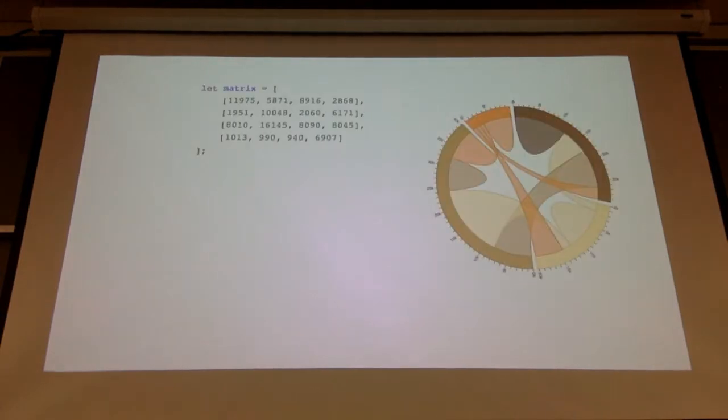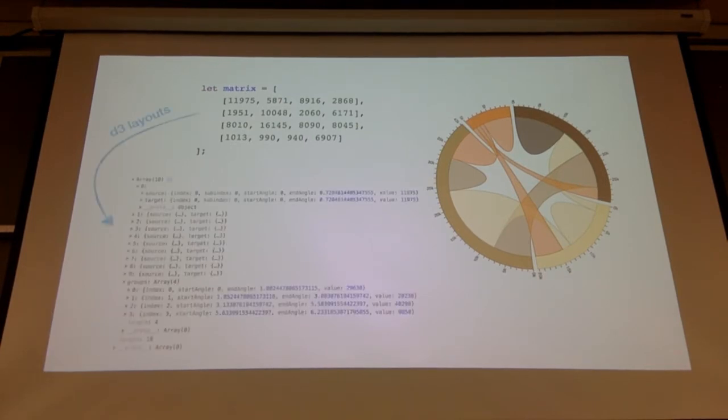So, why would we want to do this? Because I don't want to manually try to figure out how to turn this matrix into all of the requisite parts of that figure over there, which is called a chord plot or a chord diagram, right?